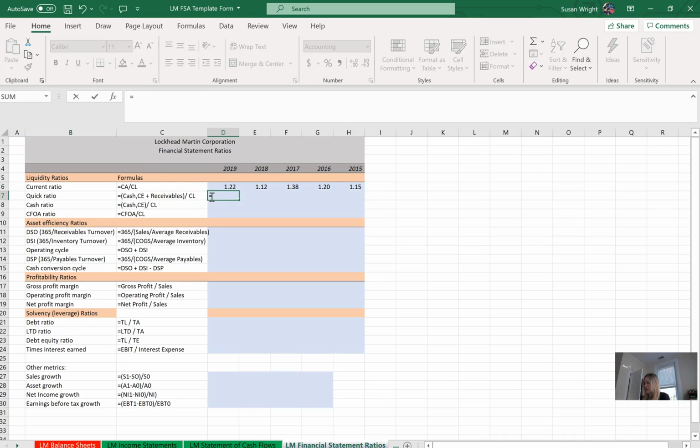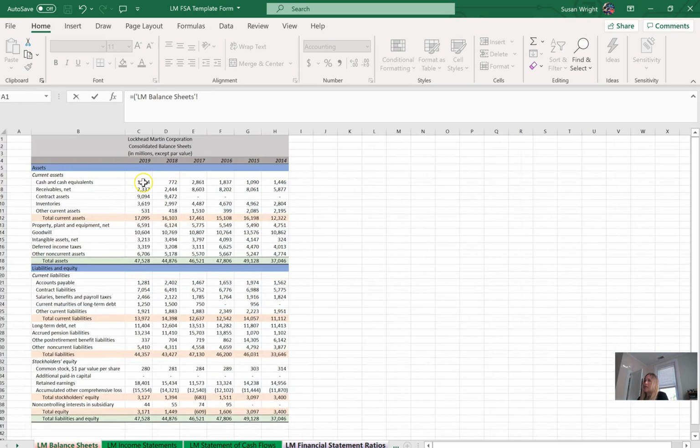So when you do this one, you hit equals and put in a parenthesis so that we can add the current sections that we want. So that's the cash and cash equivalents and receivables. Close that up, then hit divide on your keyboard, and then hit the current liabilities for 2019, and hit enter.